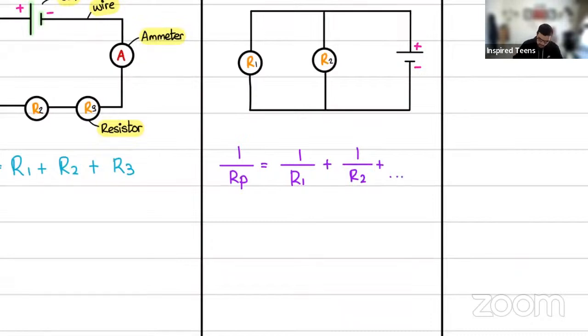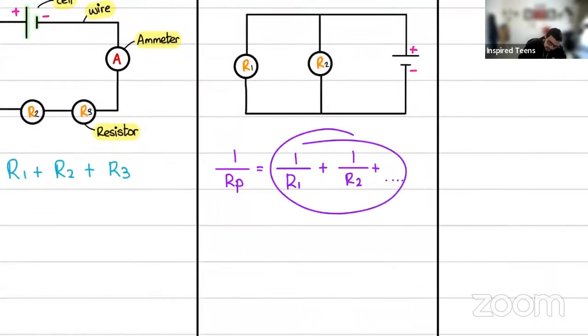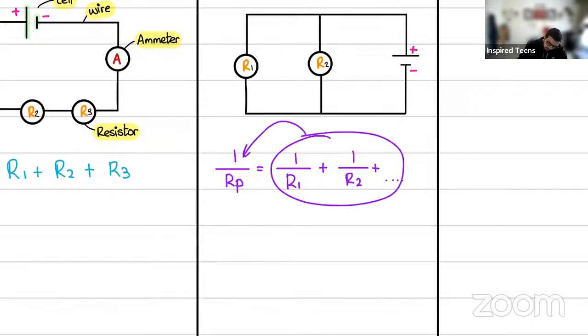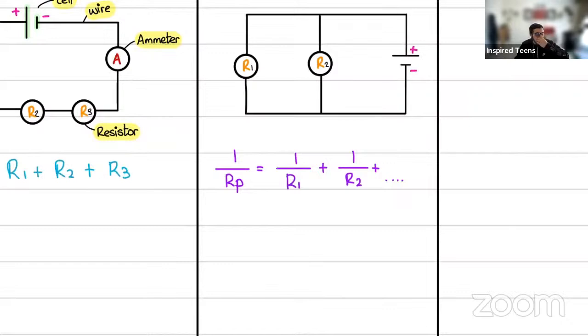Okay, 3, 4, generally 2 or 3 at most. So 1 over Rp is equal to 1 over R1 plus 1 over R2 plus 1 over R3. And when you calculate this, you're actually going to have to flip it. You're going to have to invert it because the answer of this is giving you the value of 1 over Rp, not Rp itself. So you're going to have to invert it, right? When we do the example, we'll go through it properly.